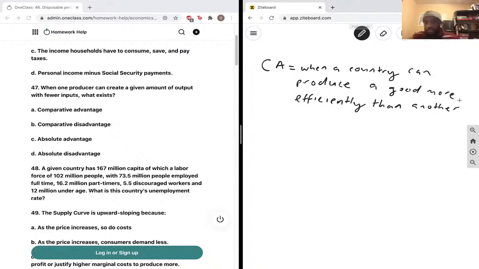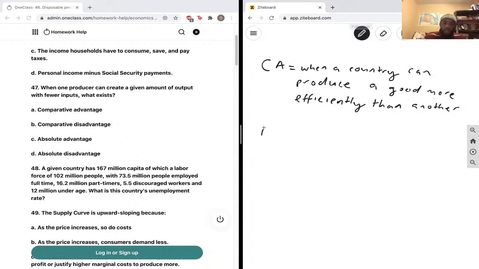When a country could produce a good more efficiently than another, you would say that country has a comparative advantage over the other. And comparative disadvantage would be the exact opposite. If a country produces a good less efficiently than another, then they have a comparative disadvantage towards that other country.